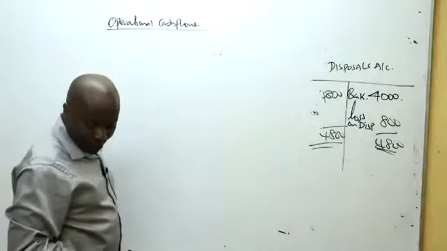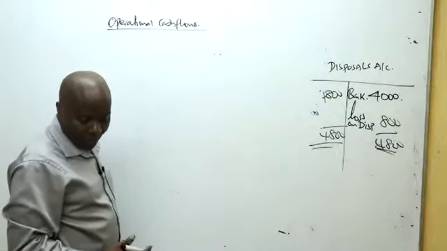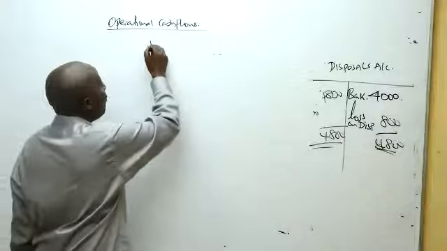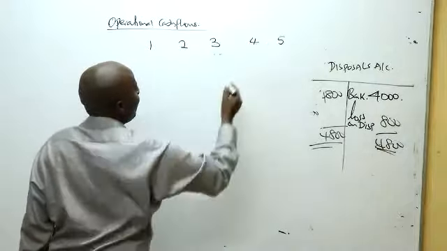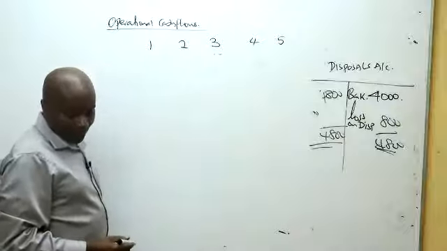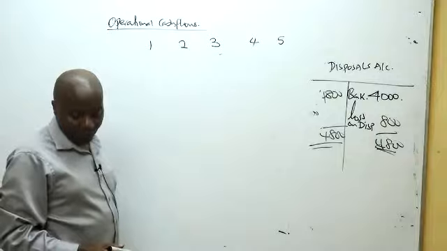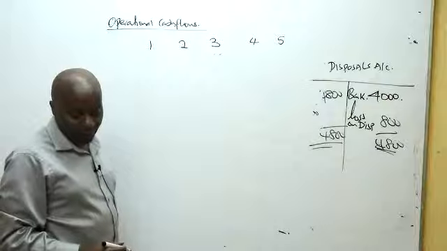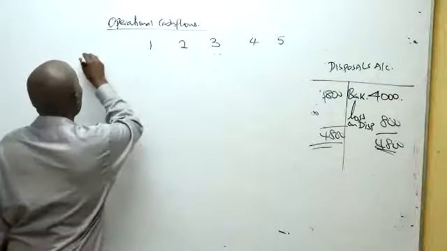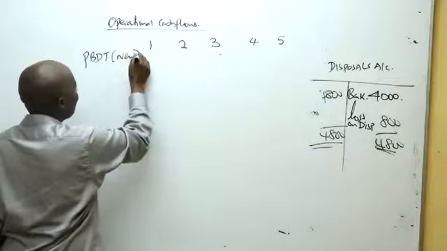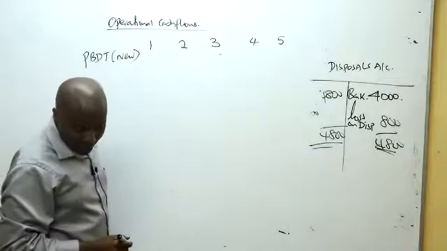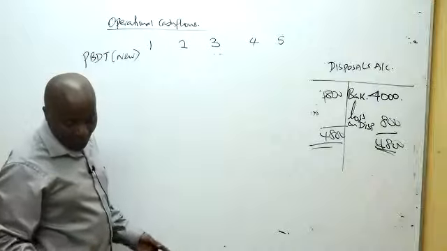So under operational cash flows, we have 5 years. They have given us year 1, year 2, year 3, year 4, year 5. I'm able to see the profit before depreciation and tax. Profit before depreciation and tax, new machine. I can see 5,400 throughout.